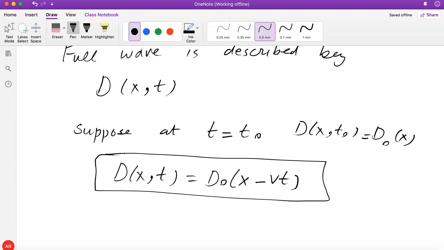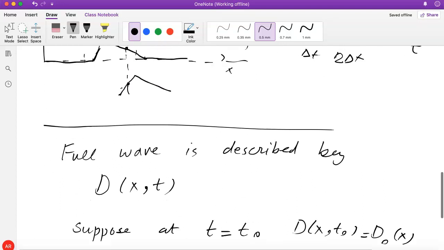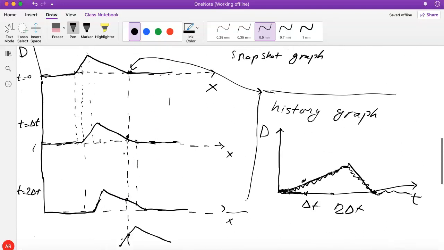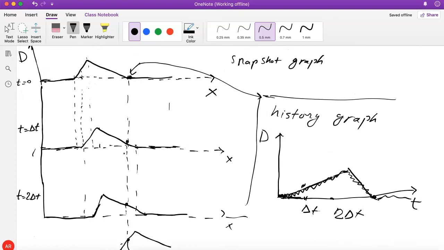the fact that the height or the displacement at later times is just the displacement at the initial time, but at a point that's behind it, right? So going back here, see the displacement of this point at time delta t is here. But if over here, I just go back by the same distance delta x, which is speed times time, I can find it, right?